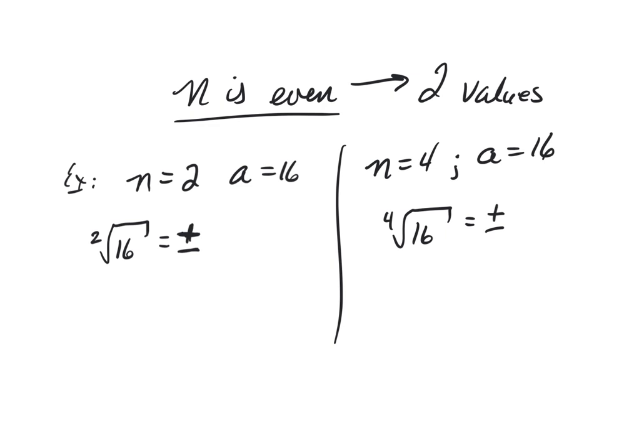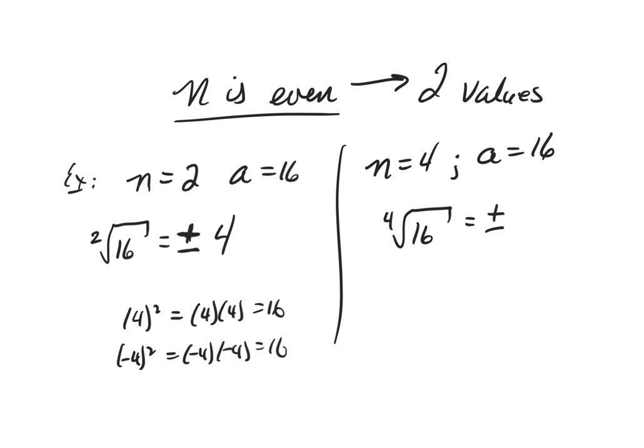So the second root of 16 could be either plus or minus 4. The idea is, again, positive 4 multiplied by itself is 16. Negative 4 multiplied by itself is 16. So when we take the square root of 16, we should get either plus or minus 4.